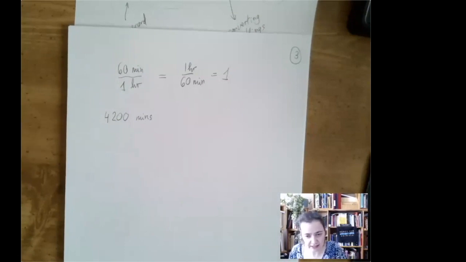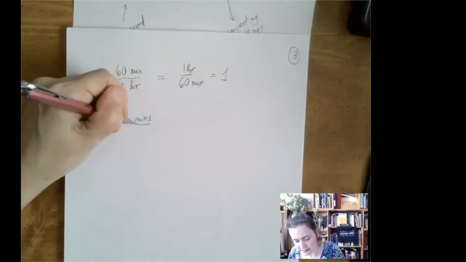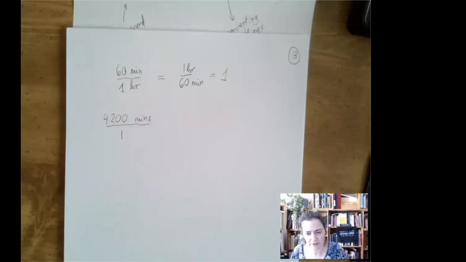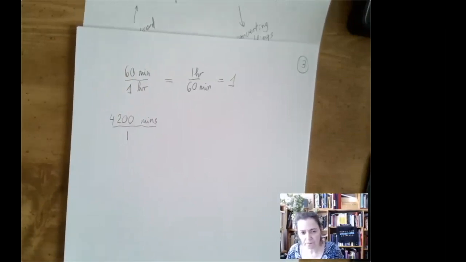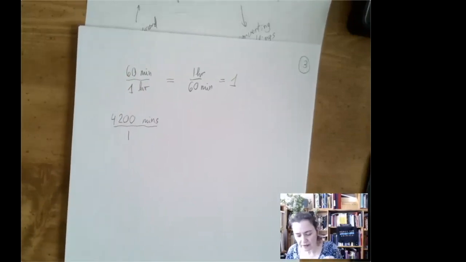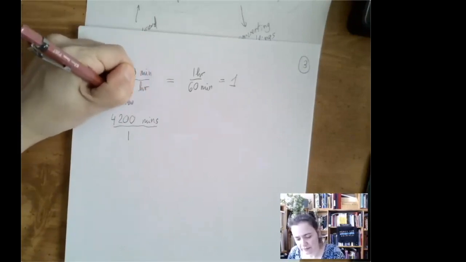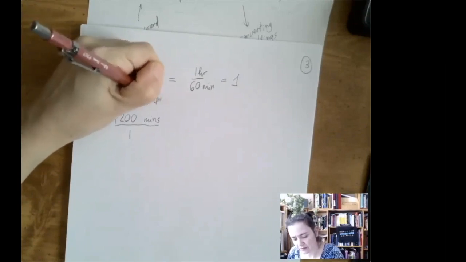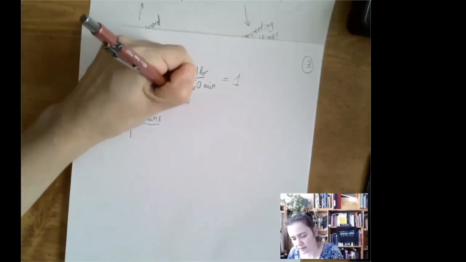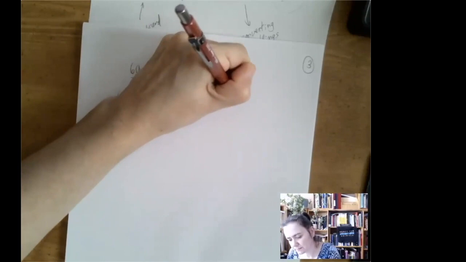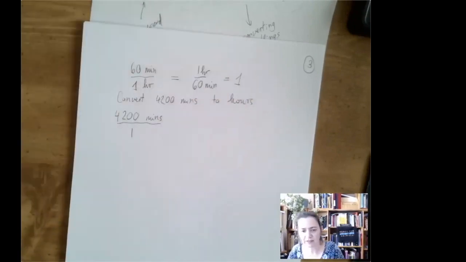So if what we're starting with is not a fraction, let's fix that first. All right, now it's a fraction. And so basically, if we want to convert 4,200 minutes to hours, I know you can do it in your head.